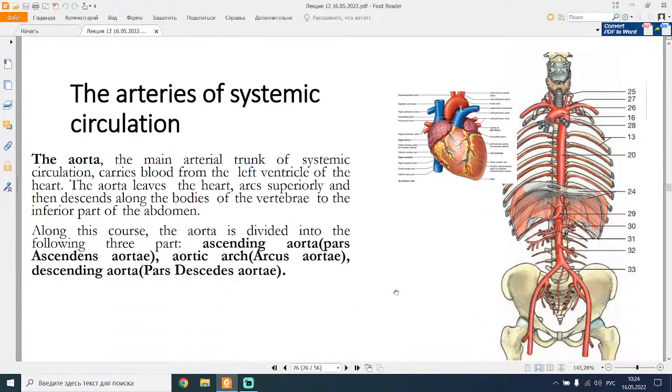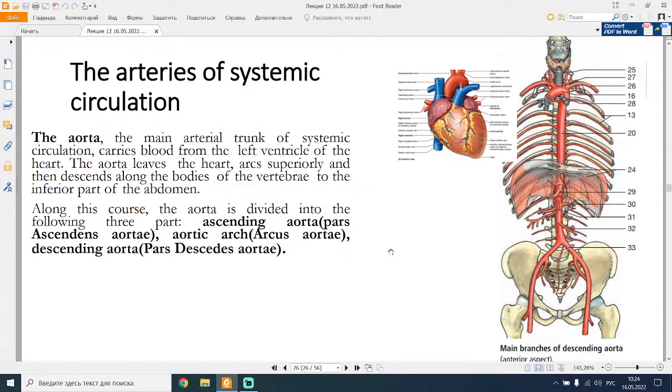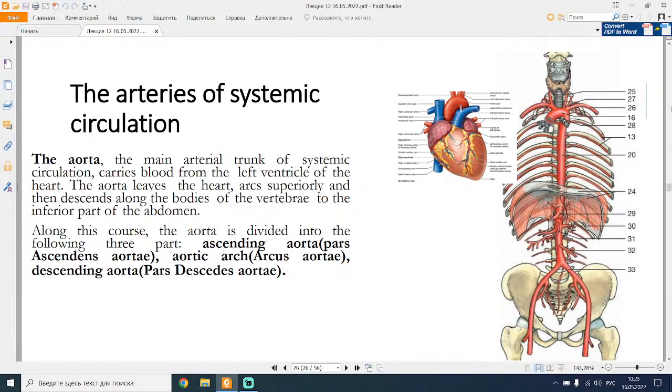The arteries of systemic circulation. The aorta. The aorta, the main arterial trunk of systemic circulation, carries blood from the left ventricle of the heart.